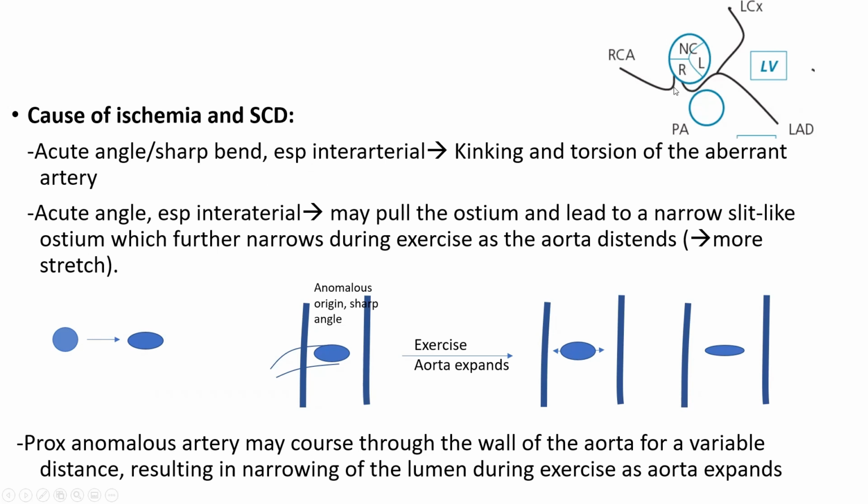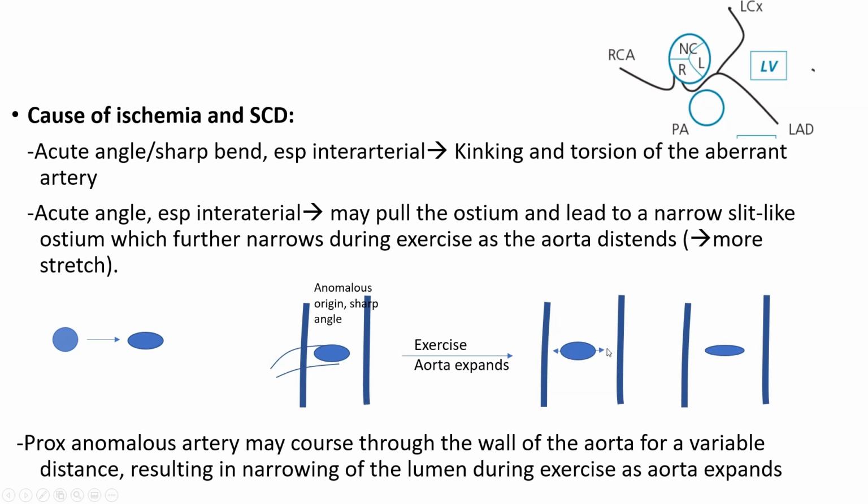Another idea is that the acute angle itself stretches that ostium. So it goes from being round to being oval or elliptical, like here. And when it's elliptical during exercise, as the aorta enlarges and stretches out, that ellipse gets further stretched and further narrowed.